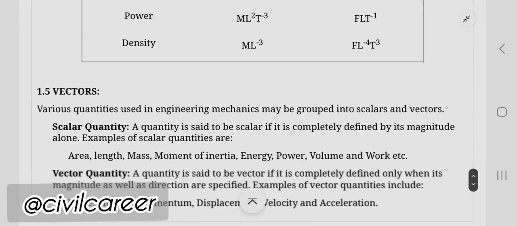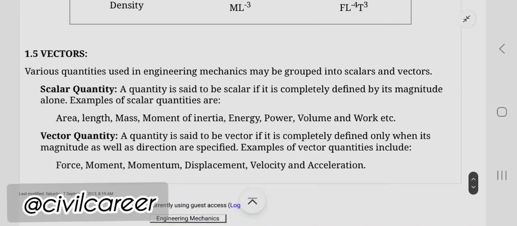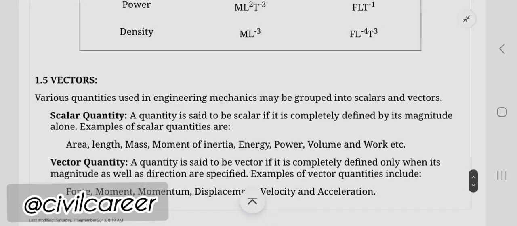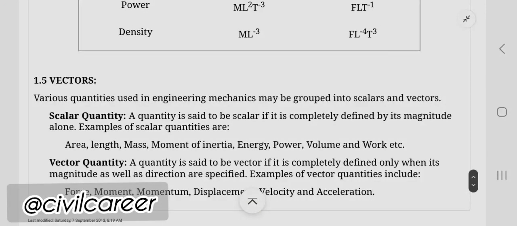Next, vectors. Various quantities used in engineering mechanics may be grouped into scalars and vectors. First one is scalar quantity. A quantity is said to be scalar if it is completely defined by its magnitude alone.